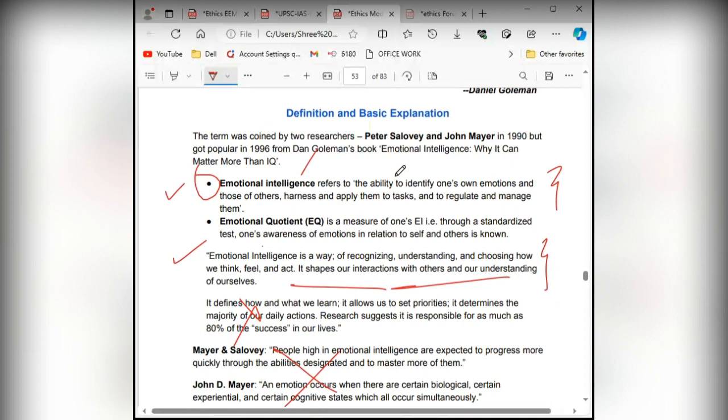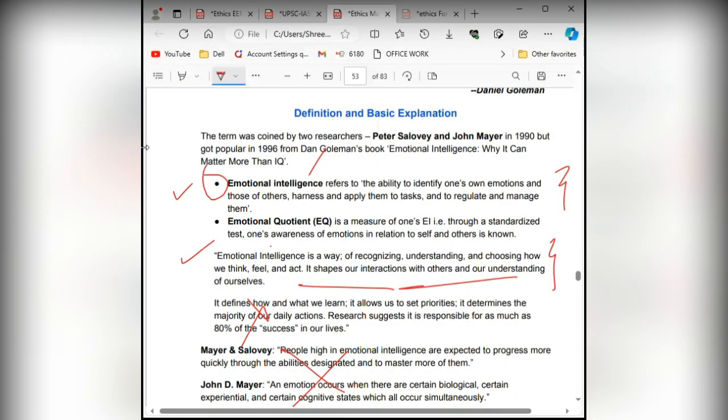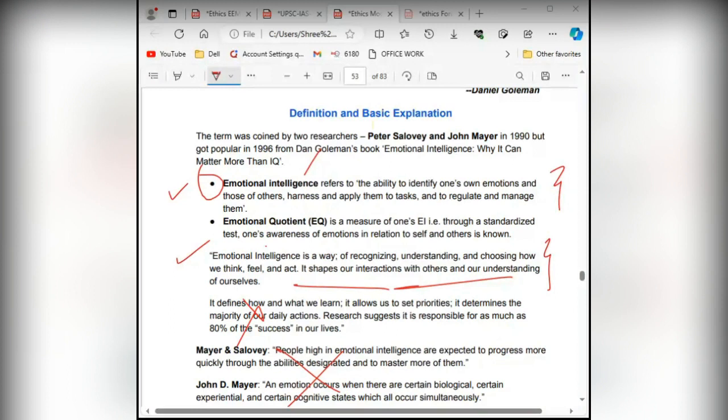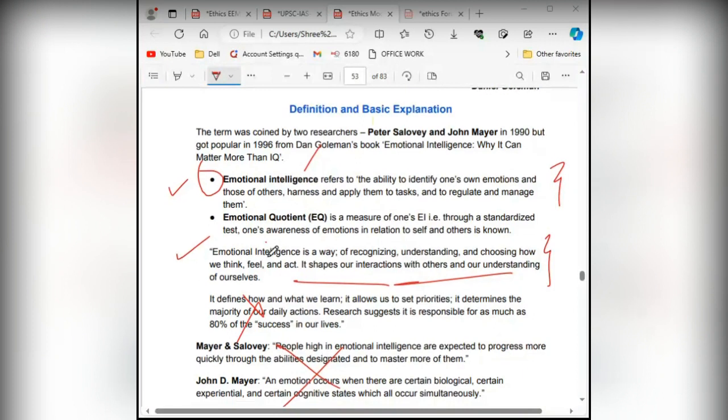So emotional intelligence is basically, for example, we are in a difficult situation, but in that case you are not thinking before speaking. Whenever you are speaking you have to analyze the situation first, and considering that, analyze the emotion of the others and then speak.